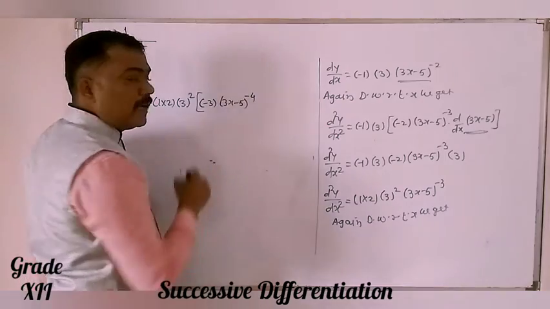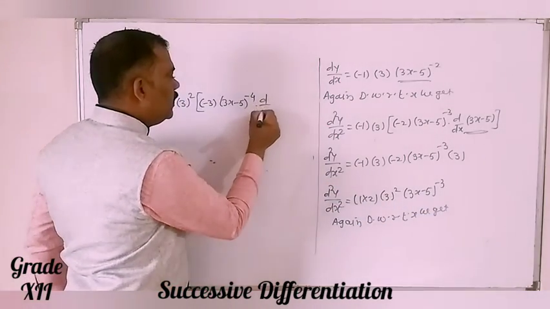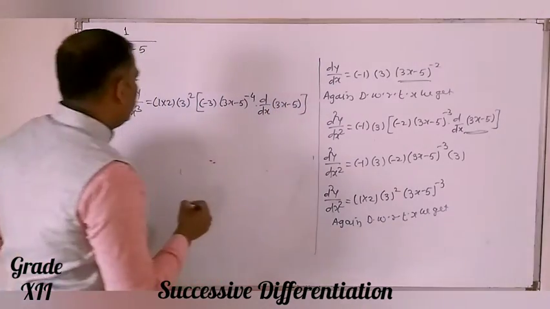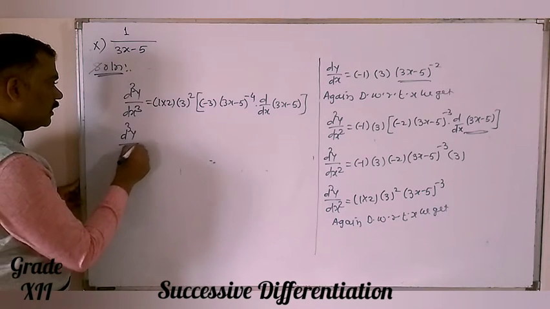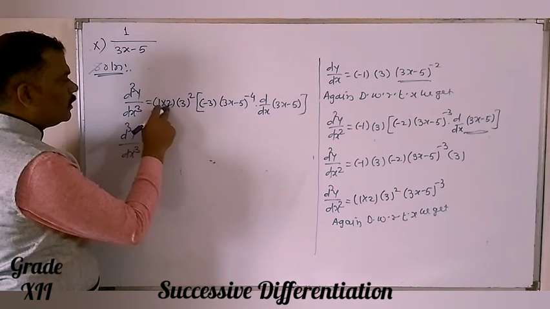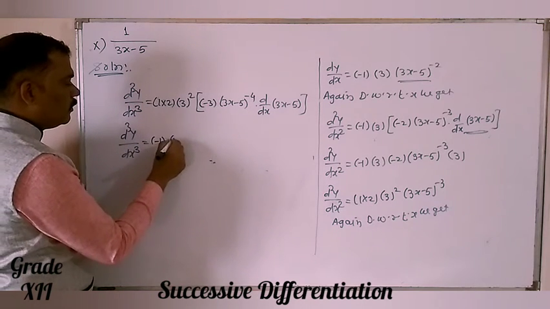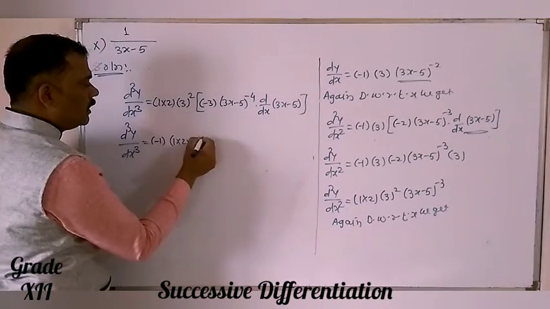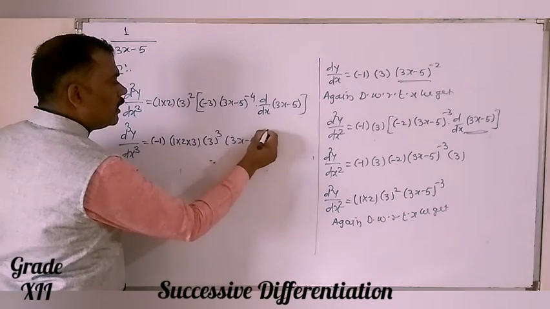From the power we have to minus 1. Minus 3 minus 1, nothing but minus 4 into d by dx of 3x minus 5. So that what you have to get, d3y by dx raised to 3 is nothing but 1 into 2 into 3 with minus sign, that is minus 1 into 1 into 2 into 3, derivative is nothing but 3, so that we get the 3 cube into (3x minus 5) raised to minus 4.